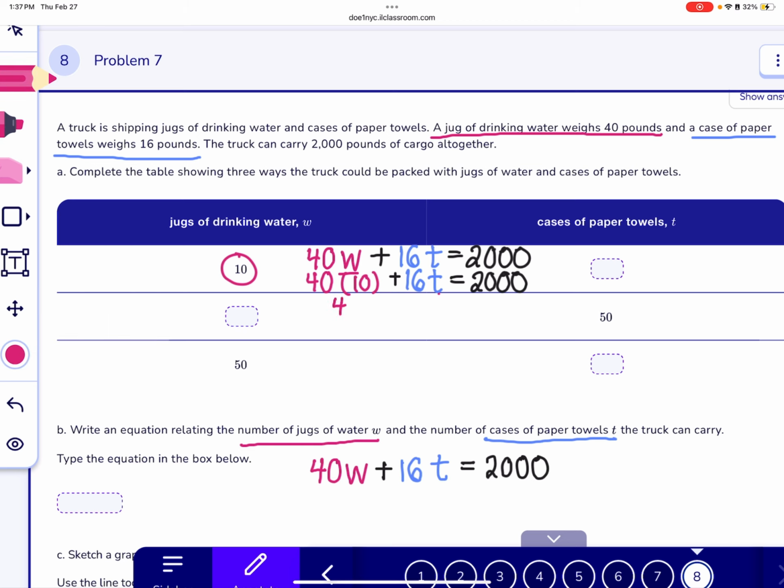So we're going to write that out. And in order to isolate our variable, we need to first subtract 400 on both sides.